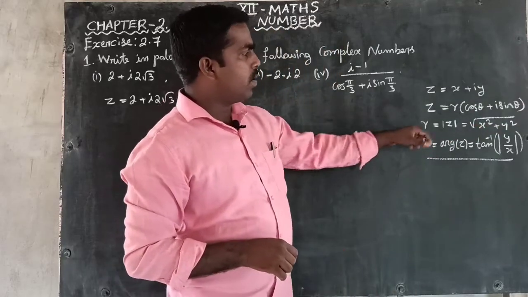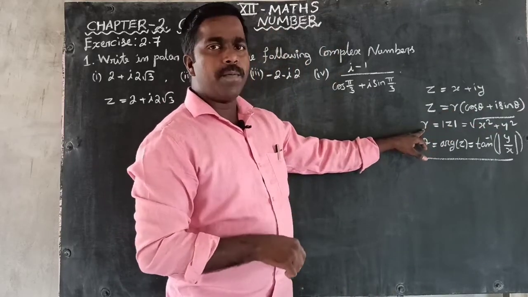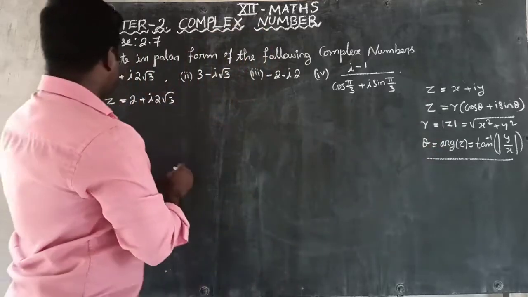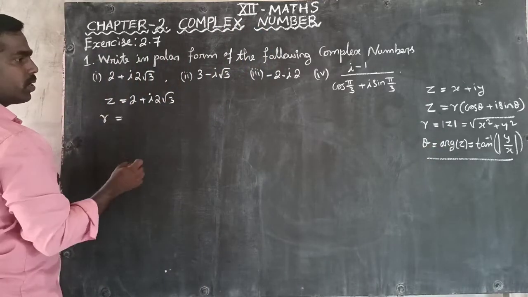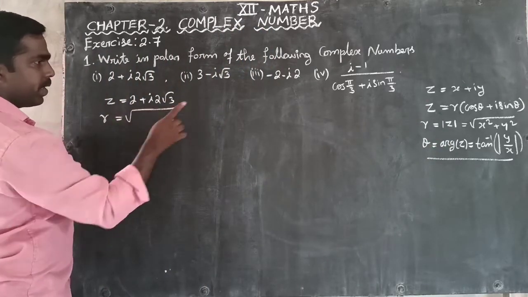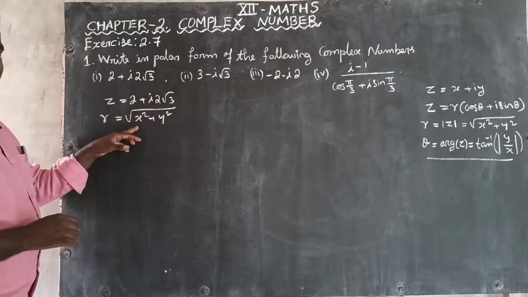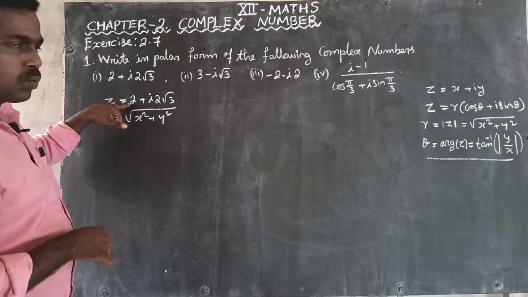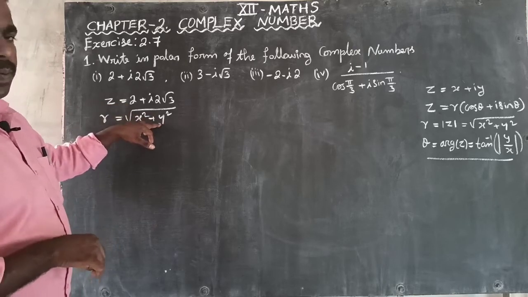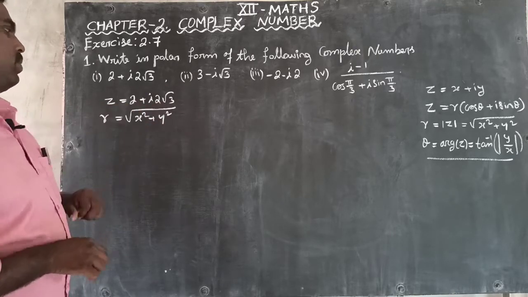Here we have to find the value of r. r is equal to square root of x square plus y square. x is the real part, that is 2. y is the imaginary part, that is 2 root 3.